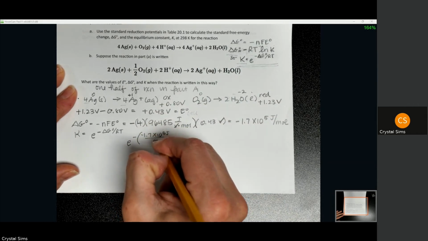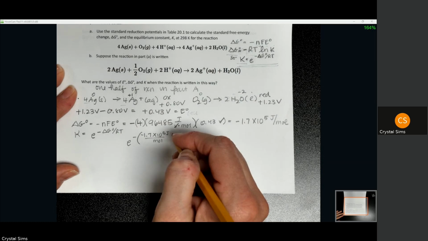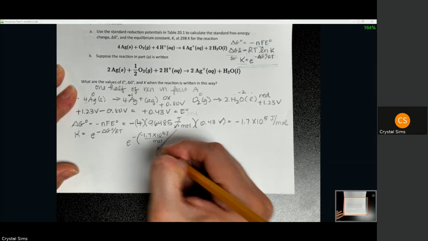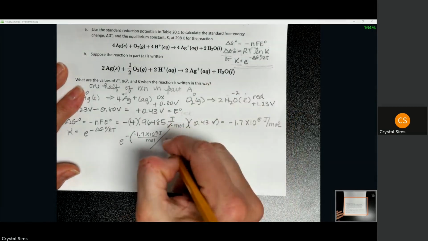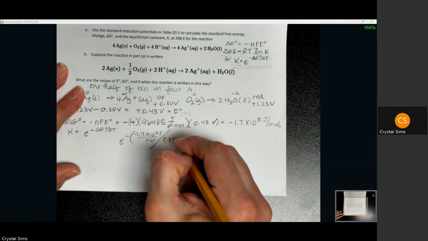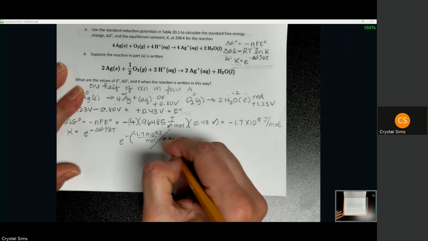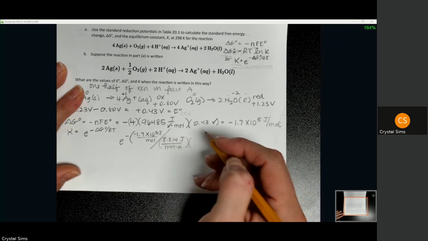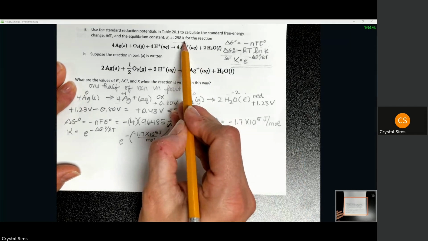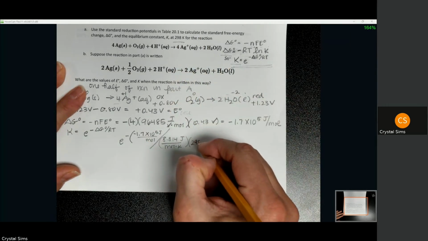That's my free energy change that I just had. And I'm going to divide that by R, which we know is the constant, 8.314 joules per mole Kelvin. And they told me that my temperature here was 298 Kelvin.